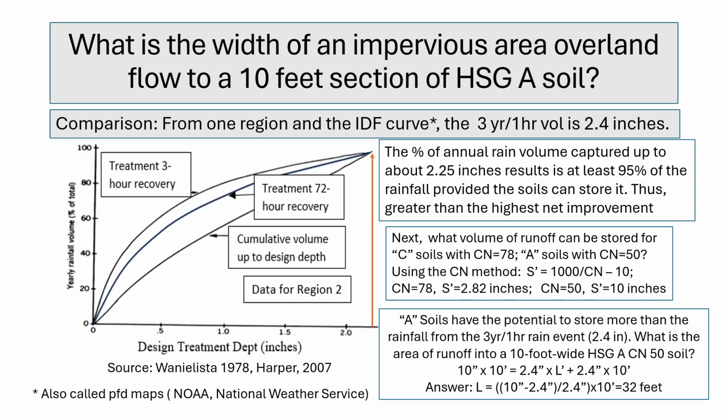Working through that equation, the answer comes out to 32 feet. So a 32-foot wide impervious surface draining into a 10-foot wide soil strip will achieve full infiltration for the 3-year, 1-hour design storm. It is worth noting that 10 feet is specifically referenced in Section 9.2 of the applicant's handbook, making this a practically relevant calculation.